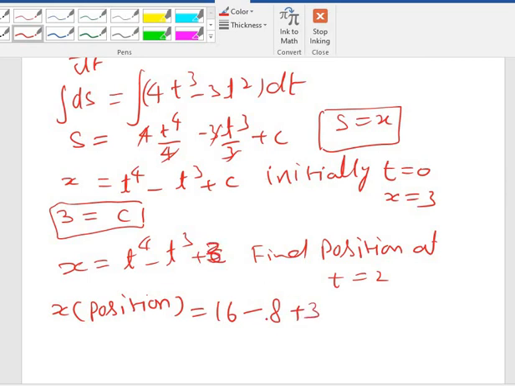So simplify it. The position at time t equal to 2 is x equal to 16 minus 8, which is 8, plus 3, that means 11. Since the unit is not given, I am writing just x only.